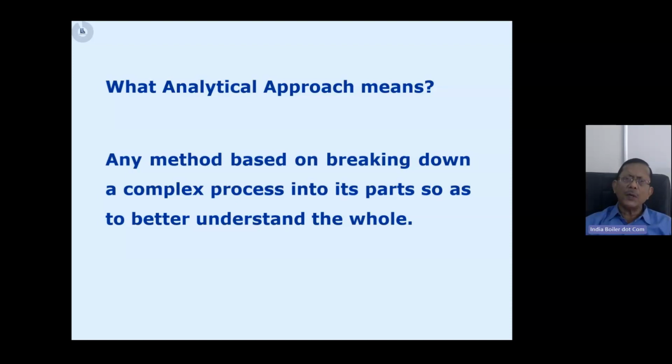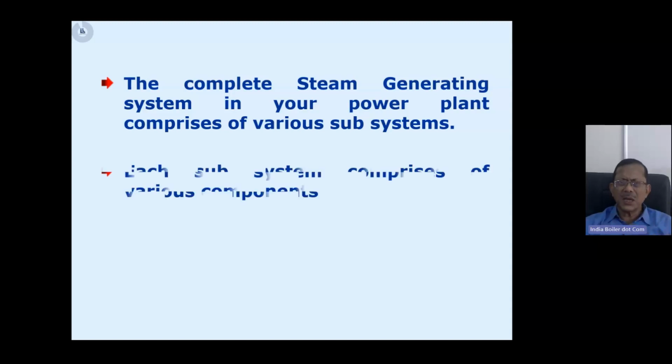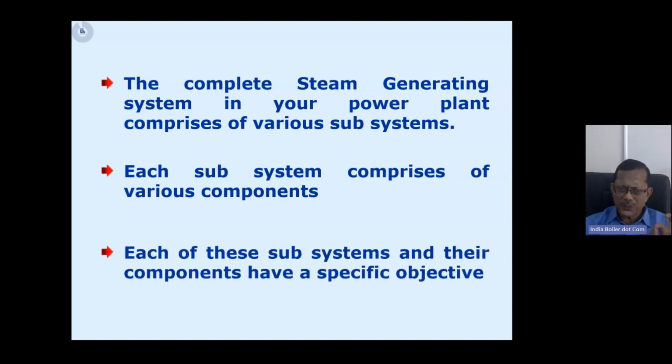Now, when you talk about the boiler system, it itself is a very, very complex system. It comprises of so many subsystems, and all these subsystems are also having so many components, right? And each of these subsystems and components have a specific objective to fulfill in order to achieve the proper operation and output of the system.